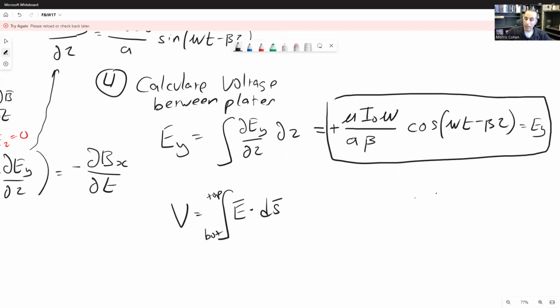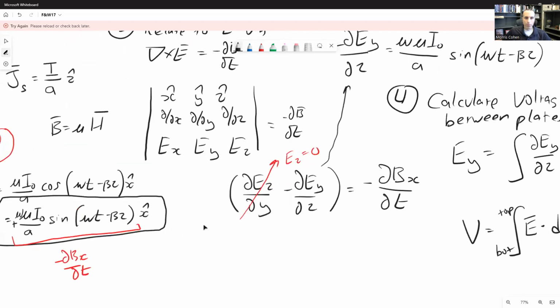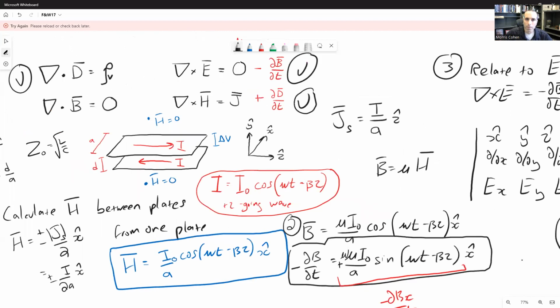The electric field we have defined, and ds is going to be a small length dy in the y direction, because we are basically taking a path that starts on the bottom plate and works its way up in the y direction until it reaches the top plate.